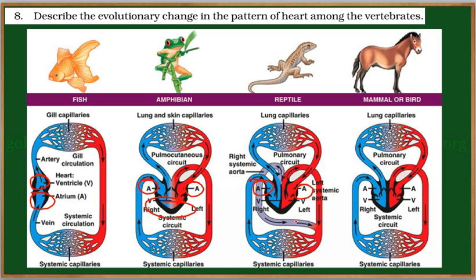Here in reptiles, it is only 1 ventricle, but it is not completely separated. In mammals and birds, 2 auricles are present and 2 ventricles are present. So as the organisms have evolved, along with that the heart has evolved so that it can work more efficiently. It can supply oxygen more efficiently.